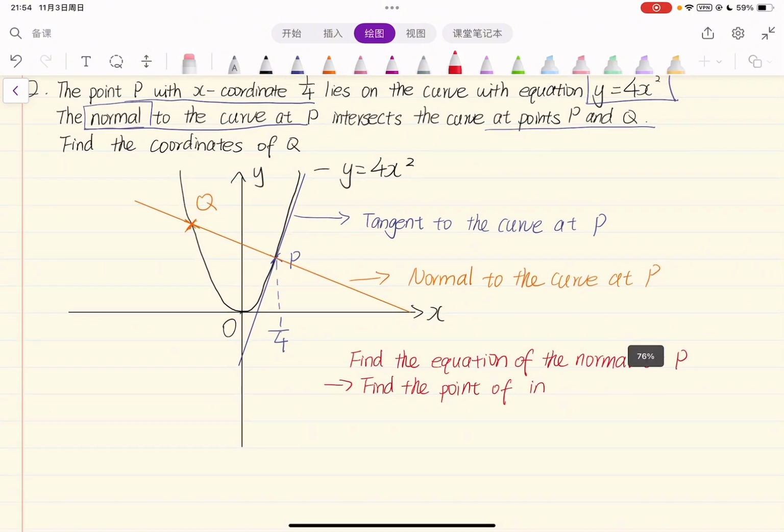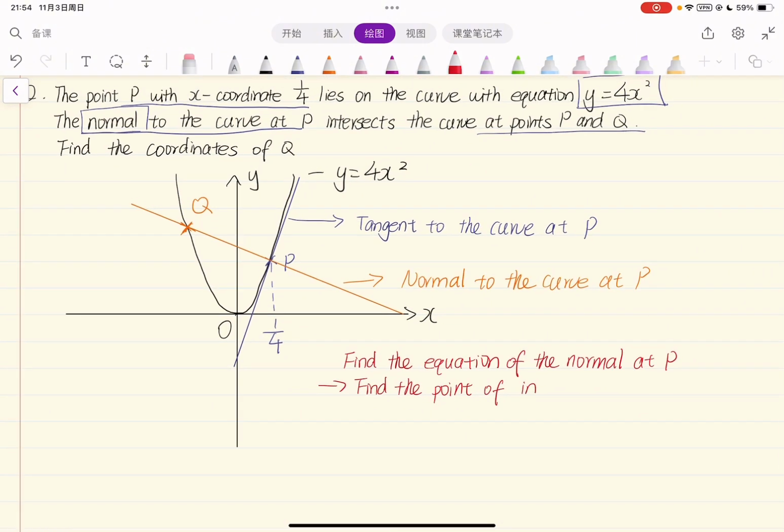If we know the equation of the normal at point P, then we can make simultaneous equations to find the point of intersection.